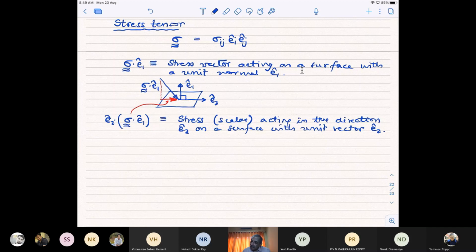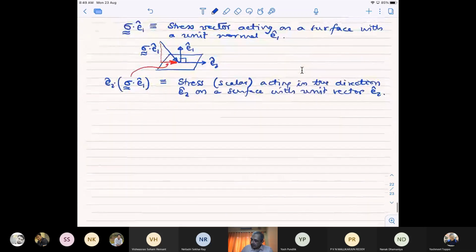And that force per unit area acts on this surface. Whenever you take a dot product of a vector with another unit vector, that gives you the component of the vector in that direction. So the component of sigma dot E1, which is a vector, in the direction E2, you have to take a dot product with E2, and so you get this.